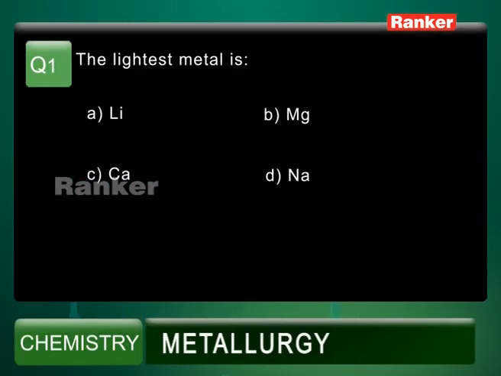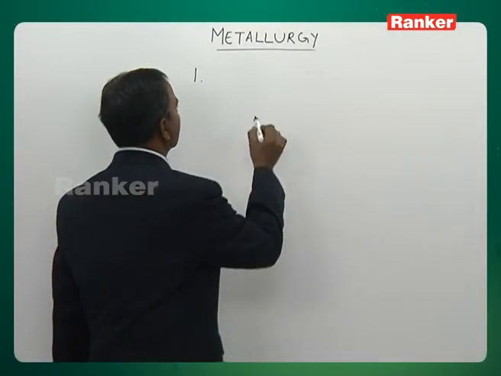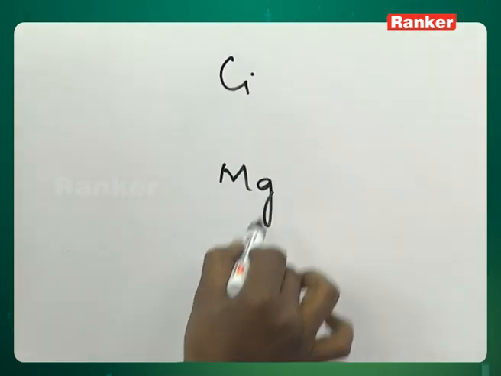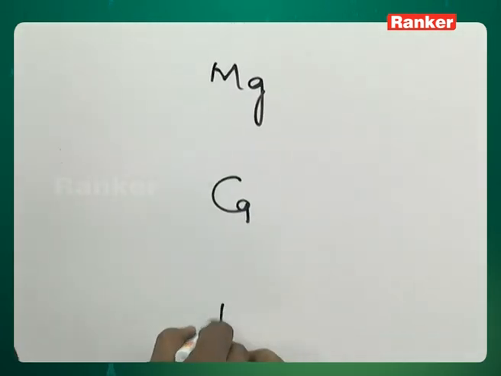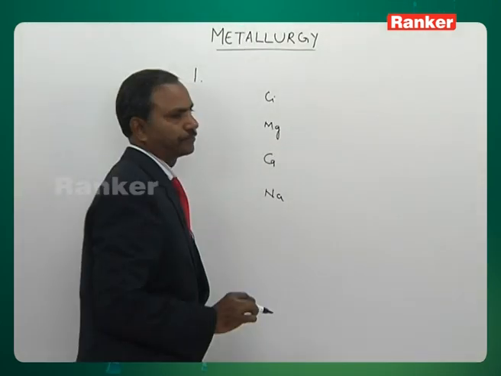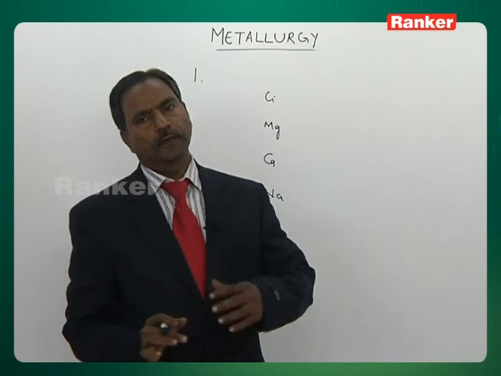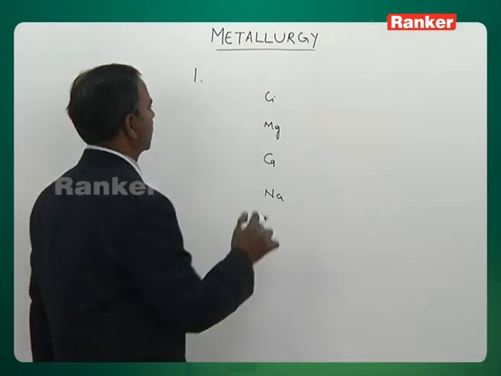The lightest metal is: A. Lithium, B. Magnesium, C. Calcium, D. Sodium. Lithium, magnesium, calcium, sodium are given. You will be knowing the atomic weights of these.